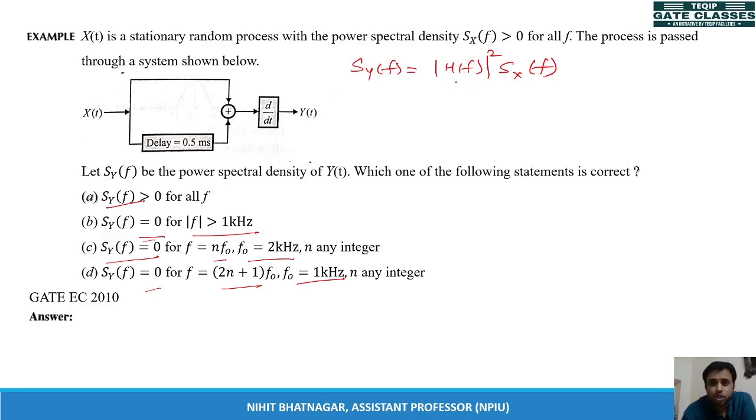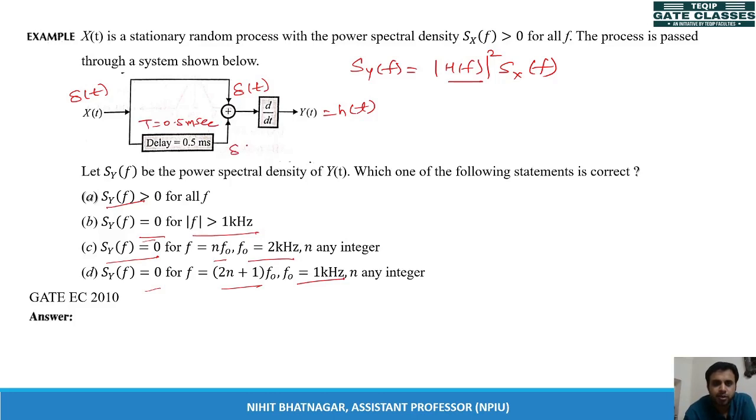So to find H(f), first we apply delta(t) as input, so that Y(t) becomes the impulse response small h(t). Here delta(t) and here delta(t), so a delay is introduced. Let's say T equal to 0.5 millisecond.